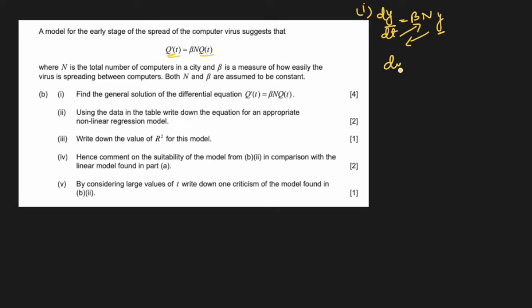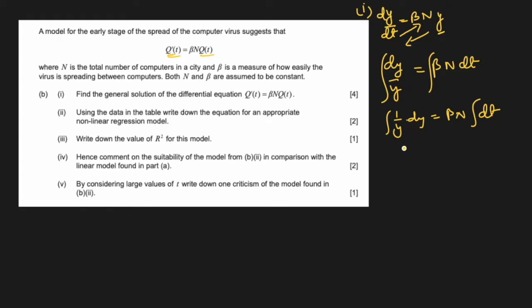So we get dy over y equals beta N dt. Now if we integrate both sides, what happens? It becomes the integral of 1 over y dy equals the integral of beta N dt.